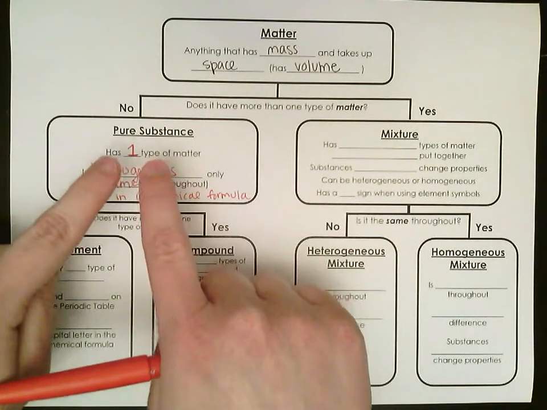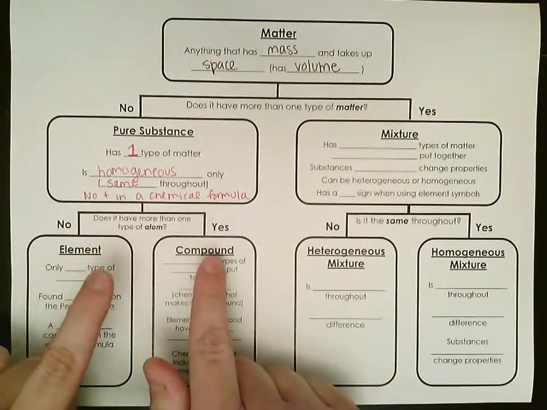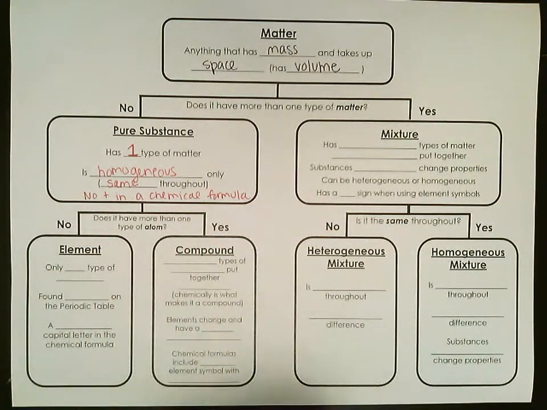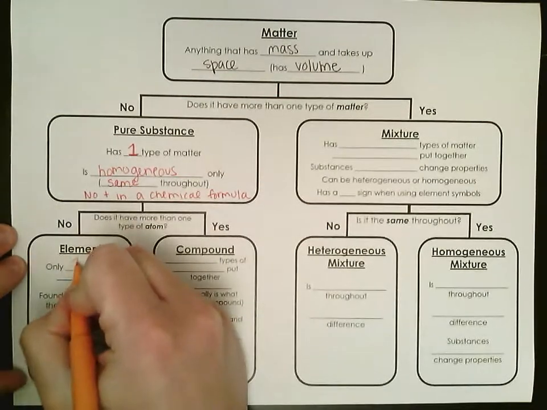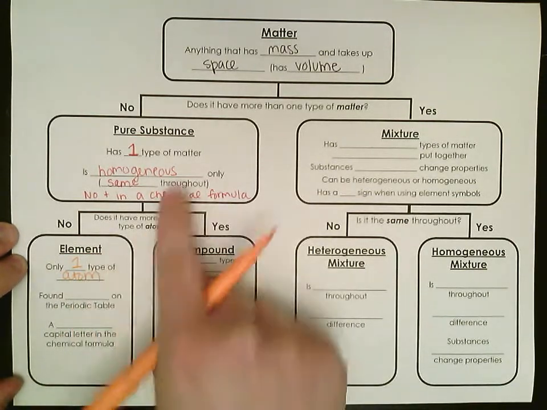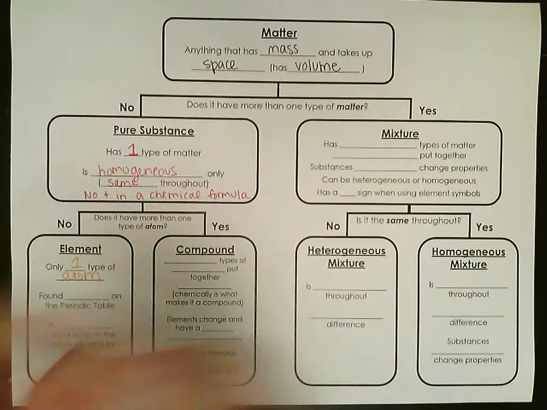Now, a pure substance can then be broken down into two categories, an element or a compound. So let's bump over to the element first. Now, an element can only have one type of atom. Now notice, this is an atom. This is one type of matter.